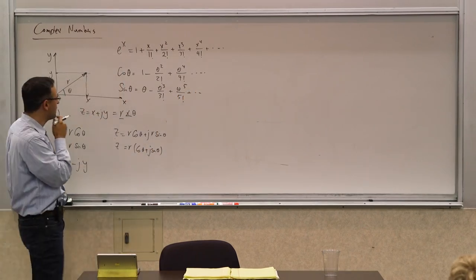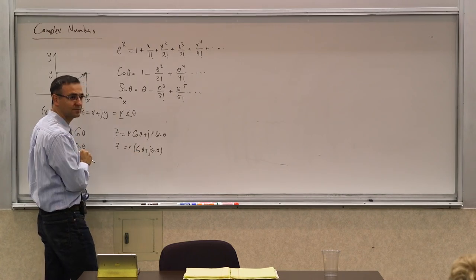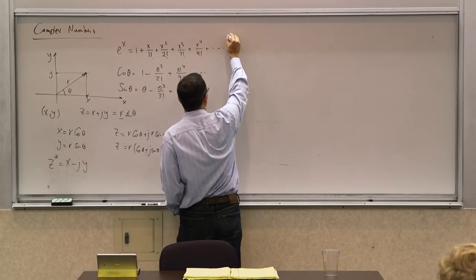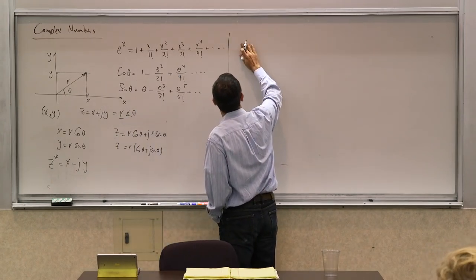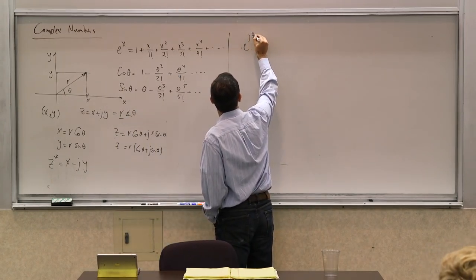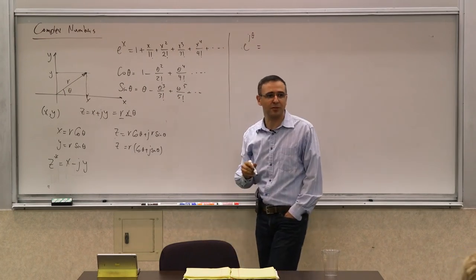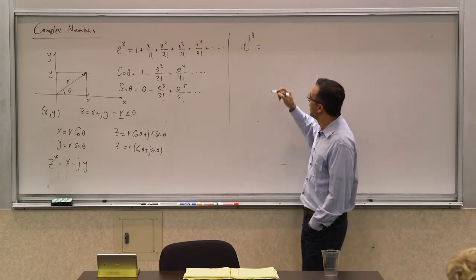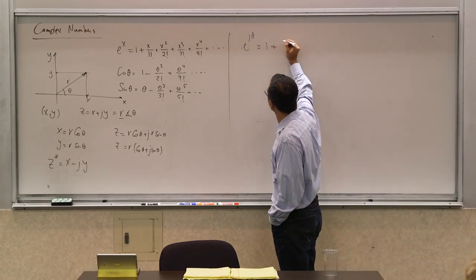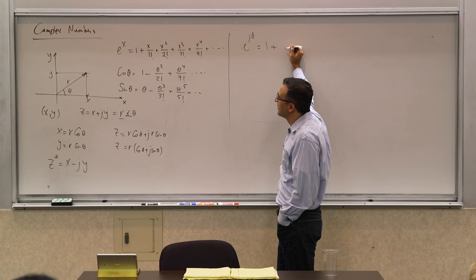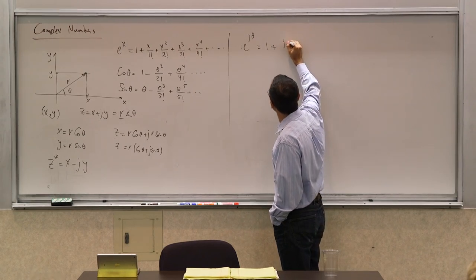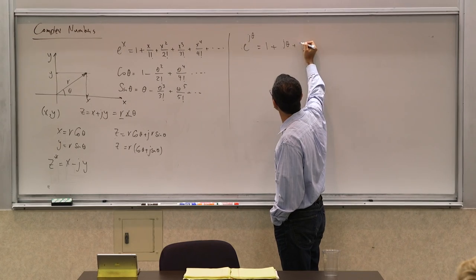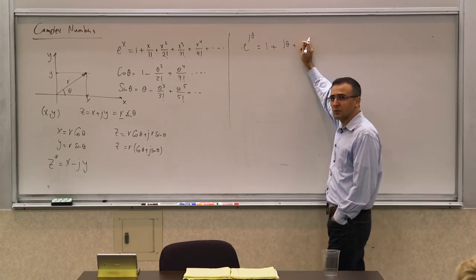So now let's try to see what this is. Or let's try to do something a little bit different first. Let's see what e to the j theta is going to be based on this expansion. So what is it going to be? 1 is 1. So what is the first term? It is j theta, right? The second term is j squared theta squared. What's j squared?